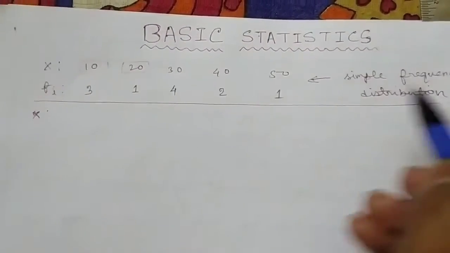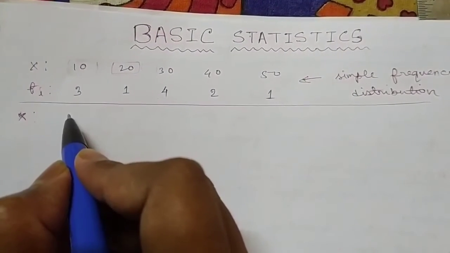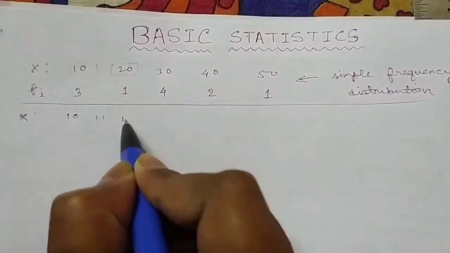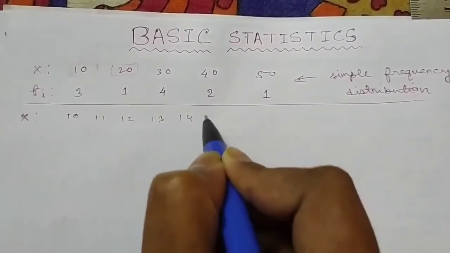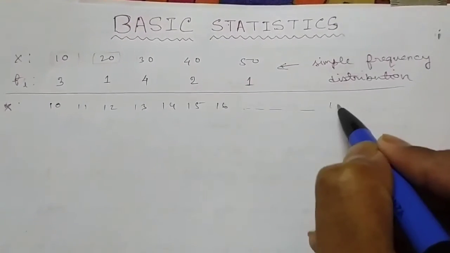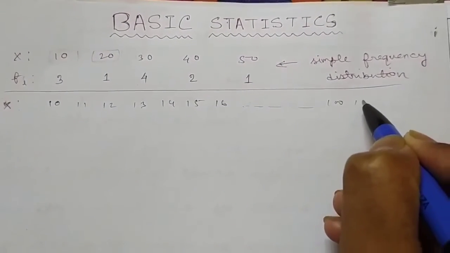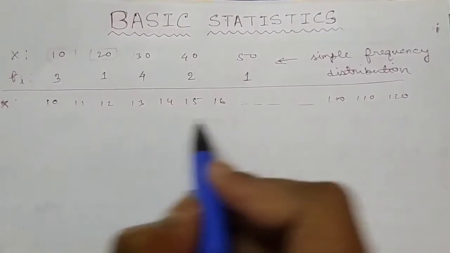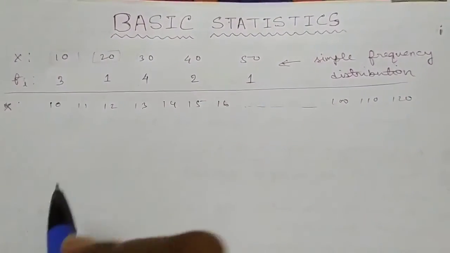Now for group frequency distribution, when there is a large number of data, let's take 10, 11, 12, 13, 14, 15, 16, and we are going through 100, 110, 120. So this is a huge amount of data present in this frequency table.